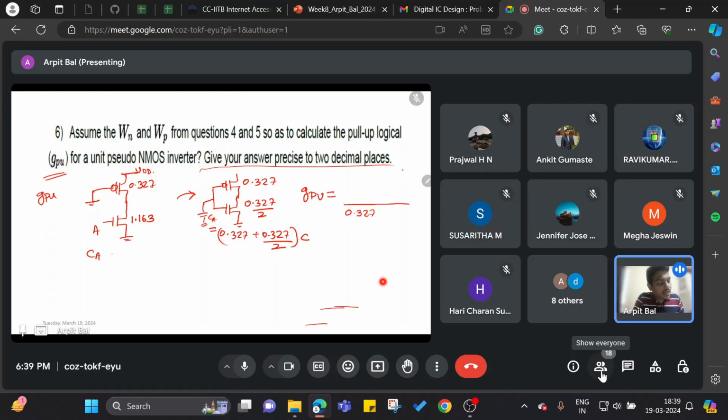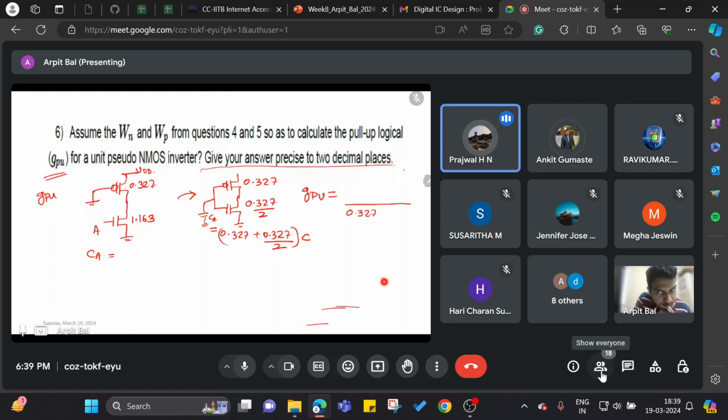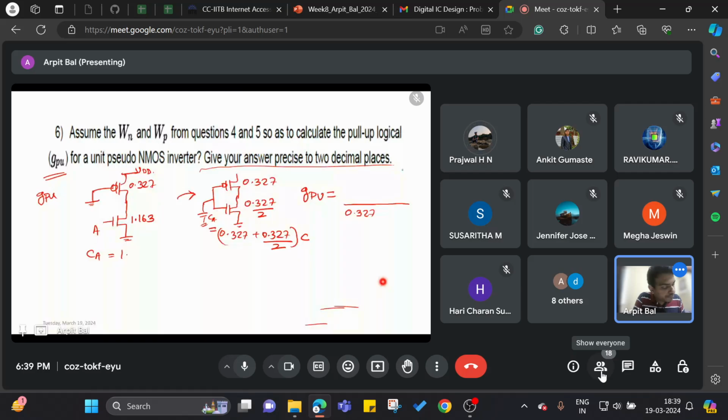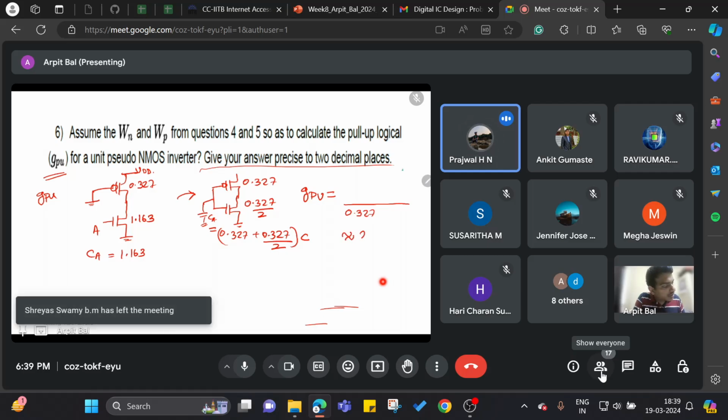What is my CA in this case? 1.163C. Correct. GPU is 2.371. Okay, approximately 2.37.